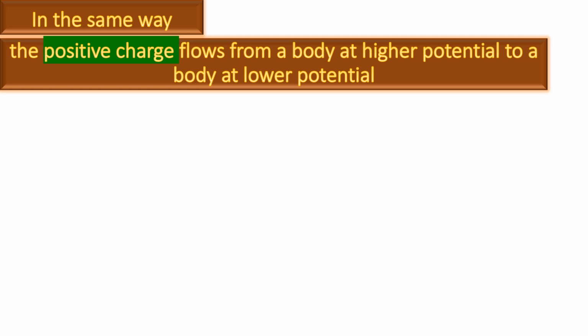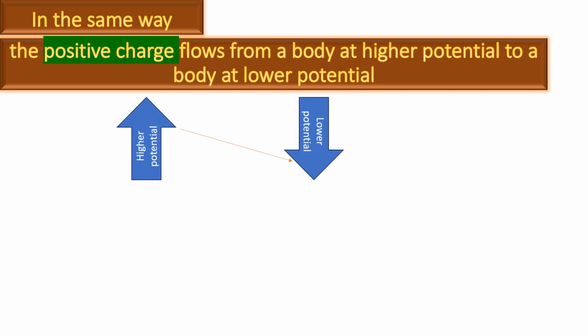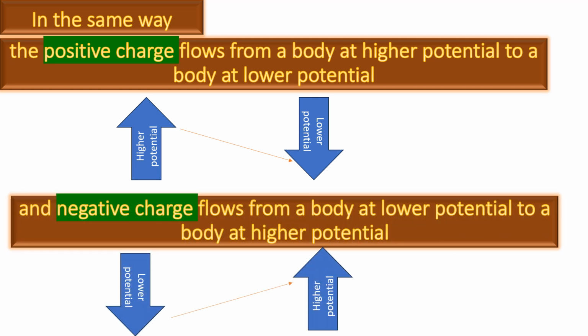We cannot see the charges inside a material, but similarly, like heat and water, we know that the positive charge always flows from the body at a higher potential to the body at a lower potential. But the negative charge flows from a body at lower potential to a body at higher potential. The tendency of the negative charge is just the opposite.